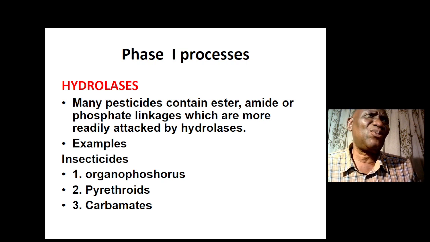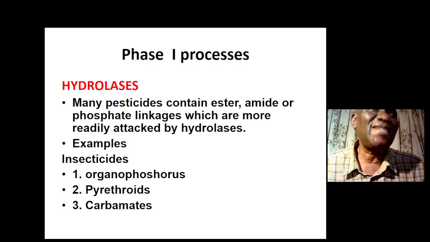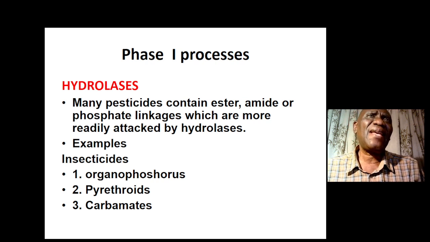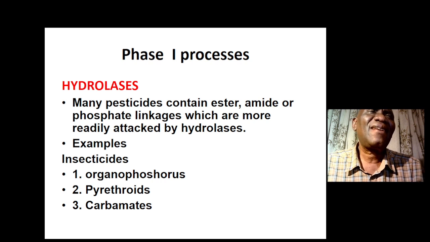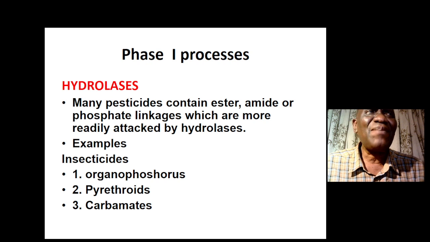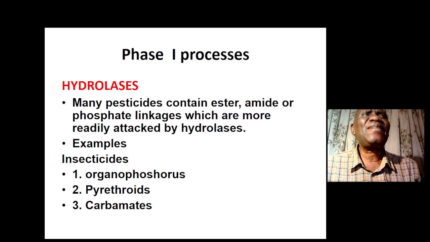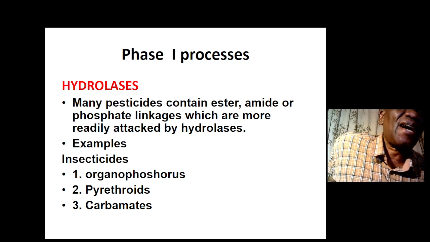What do they do? Many pesticides contain the following parts: ester, amide, or phosphate linkages. If any pesticide is either an ester, an amide, or a phosphate linkage, it can be broken down by hydrolysis.